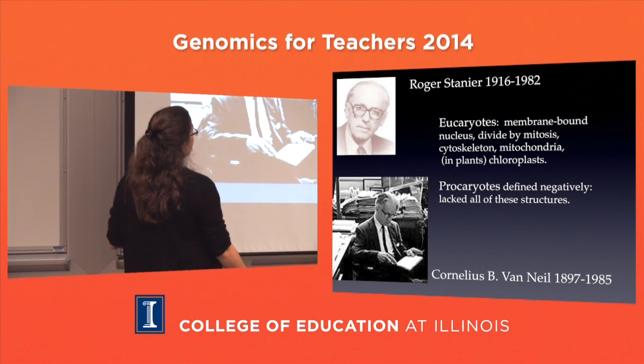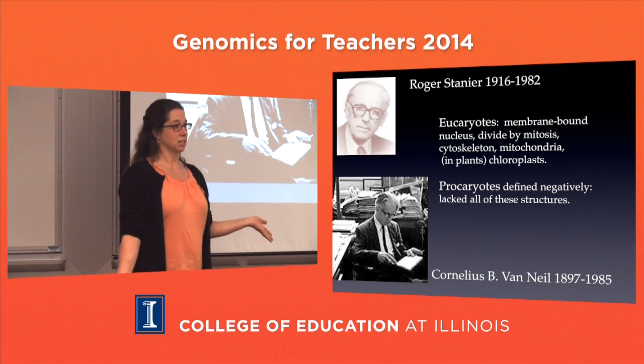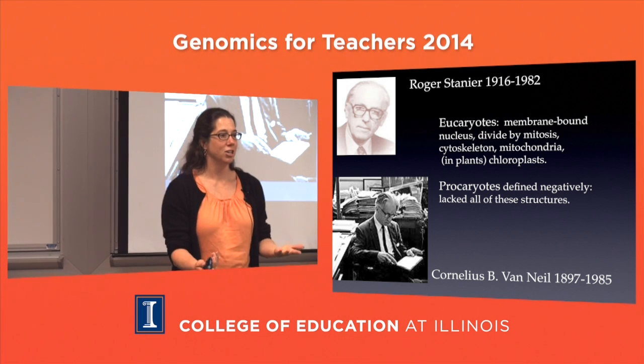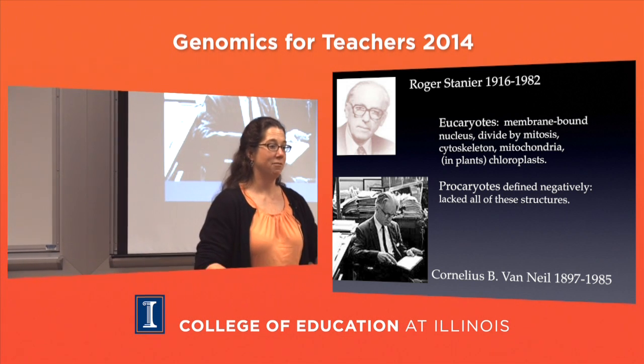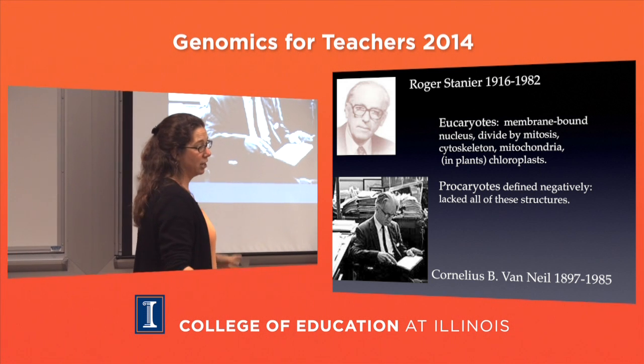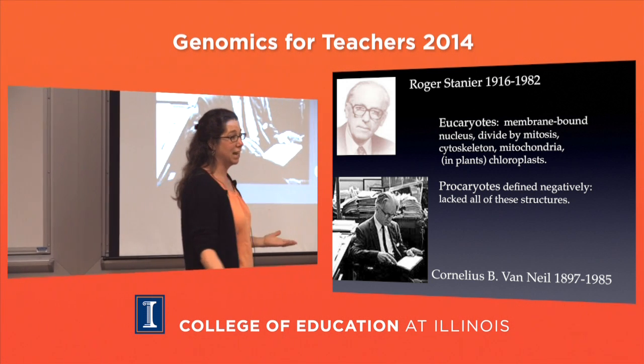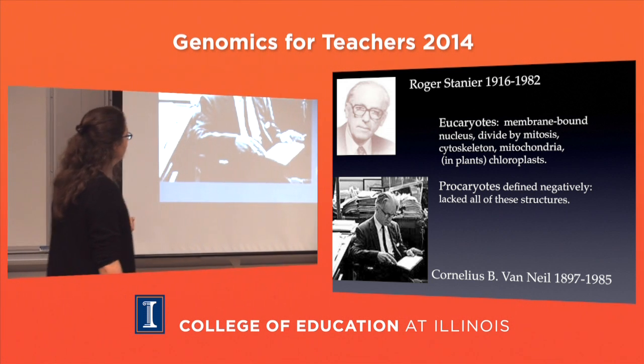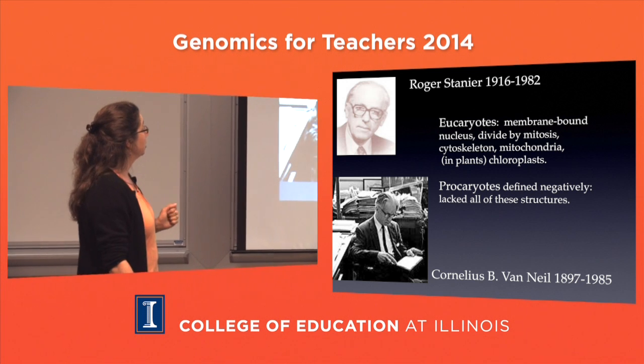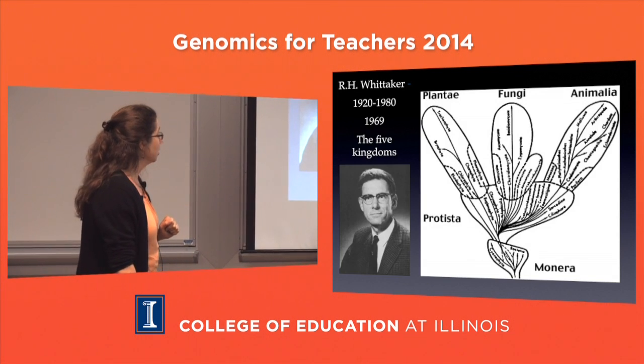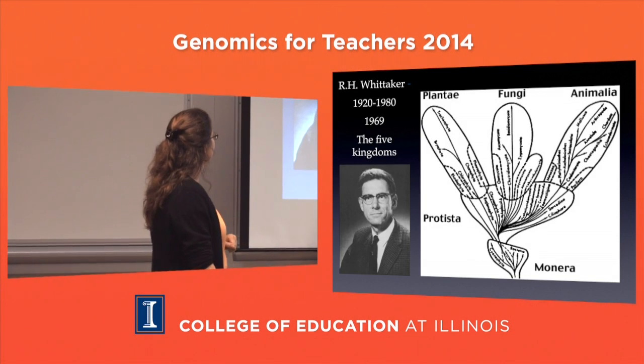And then there's everything else which doesn't have those things. So they're not defined by any particular feature, but just the fact that they don't have what we have. So there's the prokaryotes and the eukaryotes. And that's the best that they could do, even here in The Microbial World.